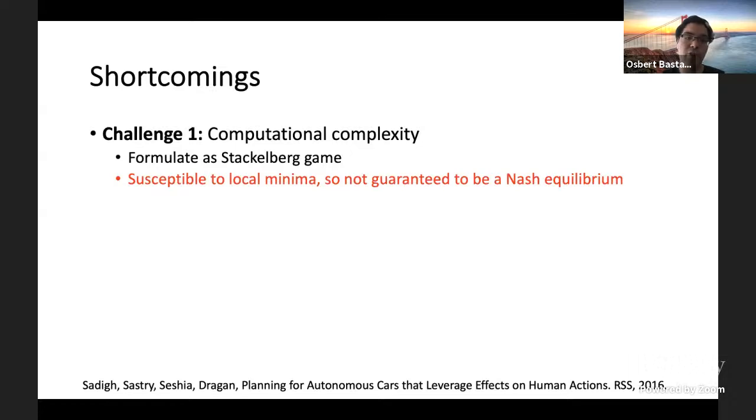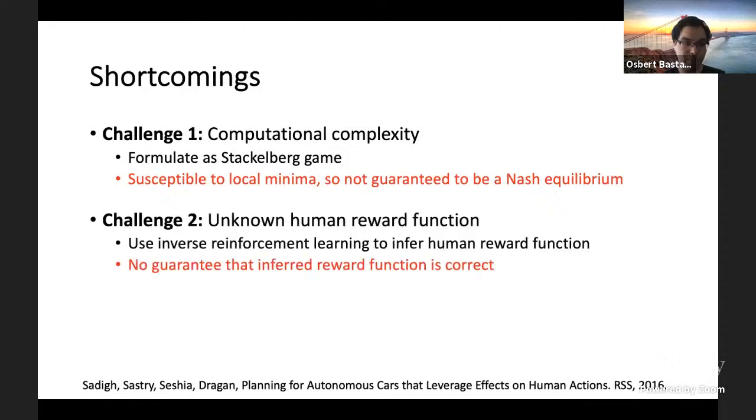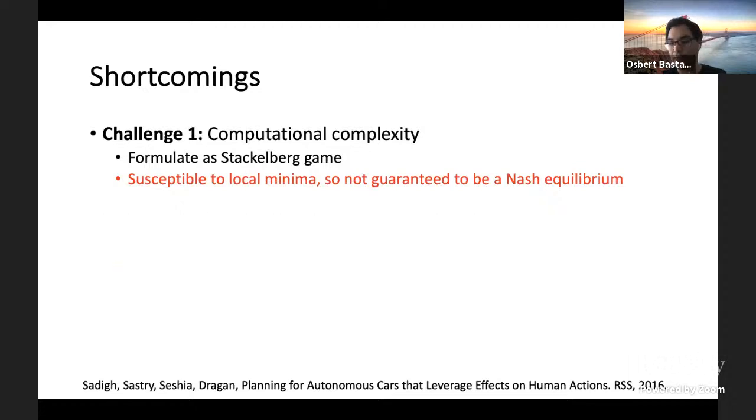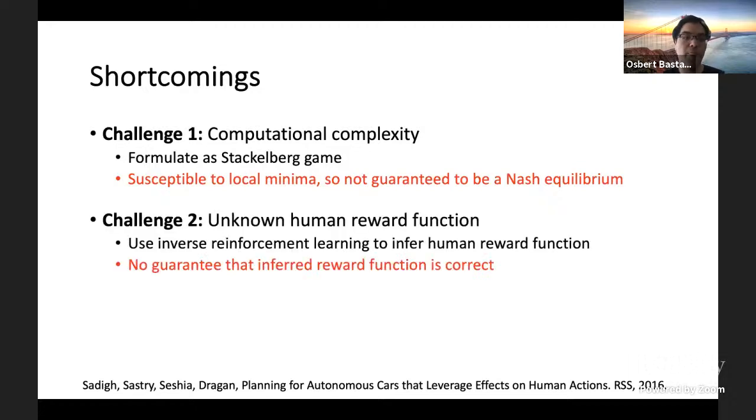The first challenge is that because they're using gradient descent, if the rewards and the value function are non-convex, gradient descent is going to be susceptible to local minima. So they're not guaranteed to find a Nash equilibrium solution. Basically, if you converge to a local minimum, then the human might be able to take alternate actions than the ones that you predict they'll take.